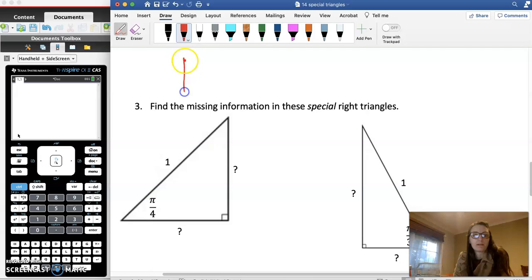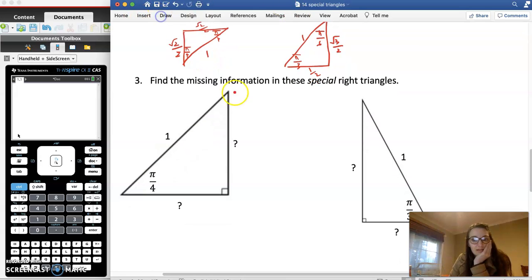So our first one is 1, root 2 on 2, root 2 on 2, pi on 4, pi on 4, and then the other one was pi on 3, pi on 6, 1, 1/2, root 3 on 2.